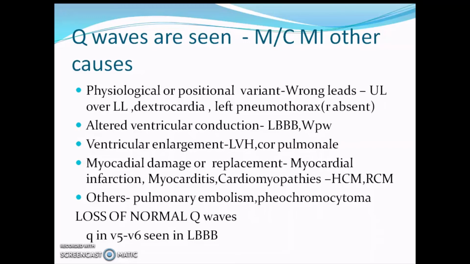There are physiological variants, mainly due to wrong lead placement, dextrocardia or a left-sided pneumothorax, or altered ventricular conduction such as left bundle branch block and WPW syndrome, ventricular enlargement such as LVH and cor pulmonale, myocardial damage or replacement by fibrosis seen in myocardial infarction, myocarditis, cardiomyopathies such as hypertrophic cardiomyopathy and restrictive cardiomyopathy, and others such as pulmonary embolism and pheochromocytoma.